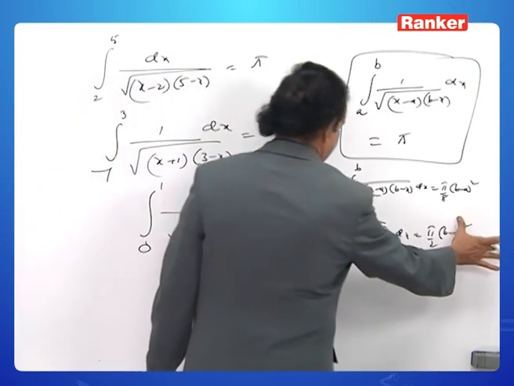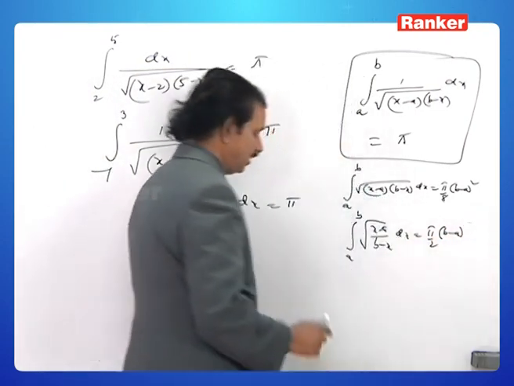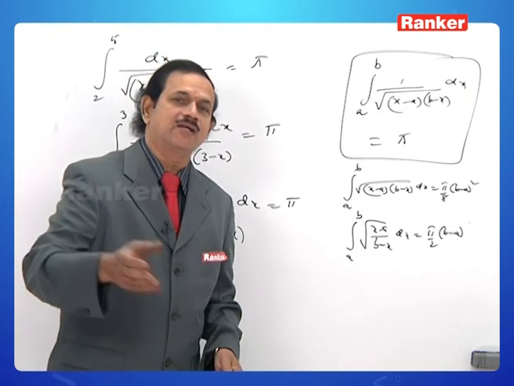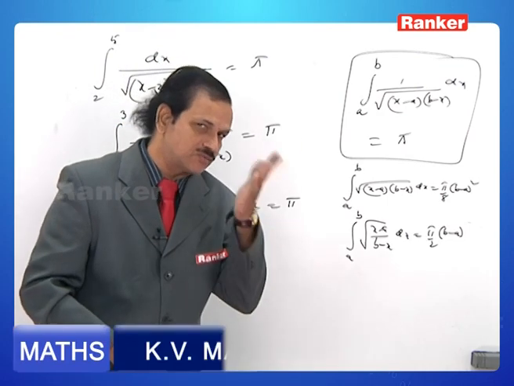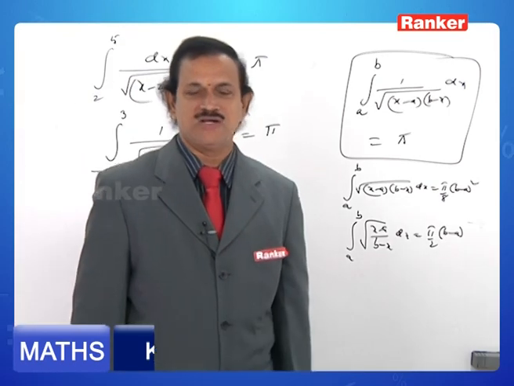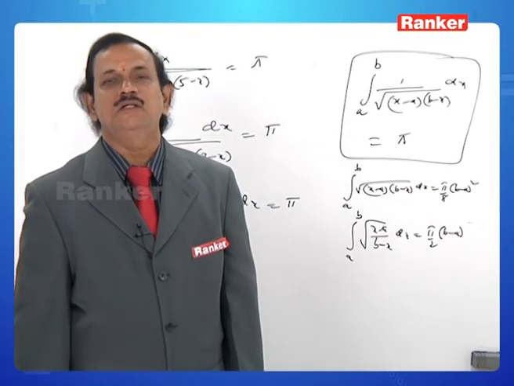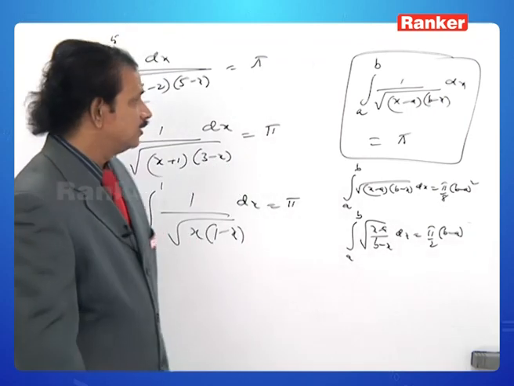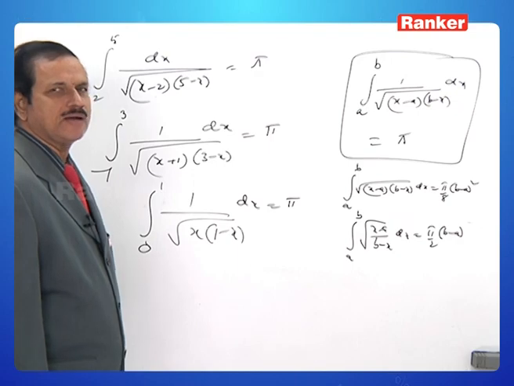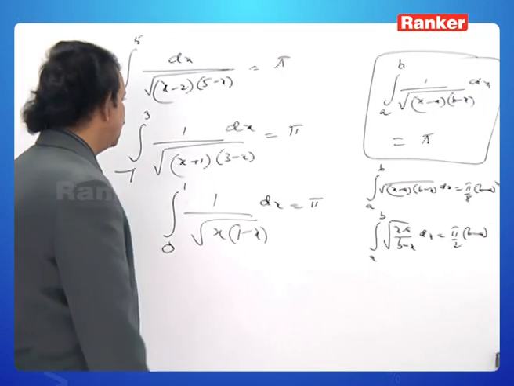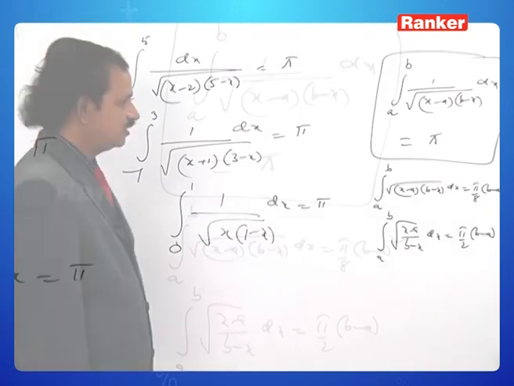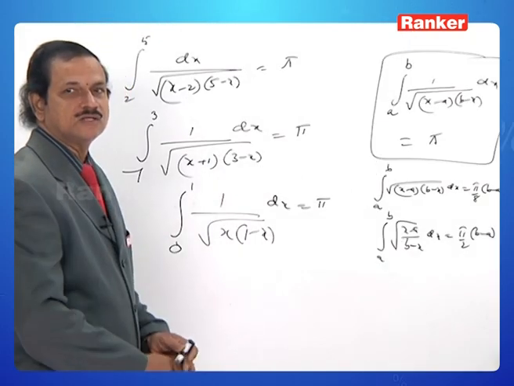It's pi by 2 into b minus a only, not whole square. By the standard substitution, x is equal to a cos square theta plus b sin square theta, and by changing the limits accordingly with respect to theta. These three formulas become very standard, popular and useful because they can be used at so many instances. Yes, that's it about these three formulae.